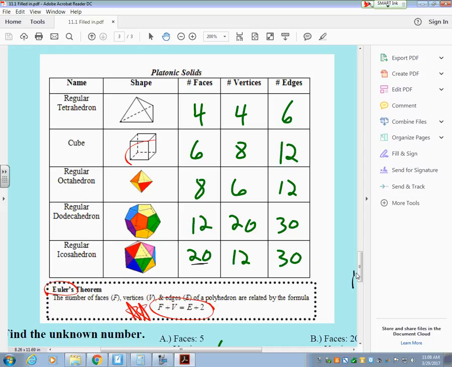Euler. Doesn't make any sense. Anyway, it is Euler. Just so we can say the guy's name right. I know he's dead, but whatever. He doesn't care. He's Euler.